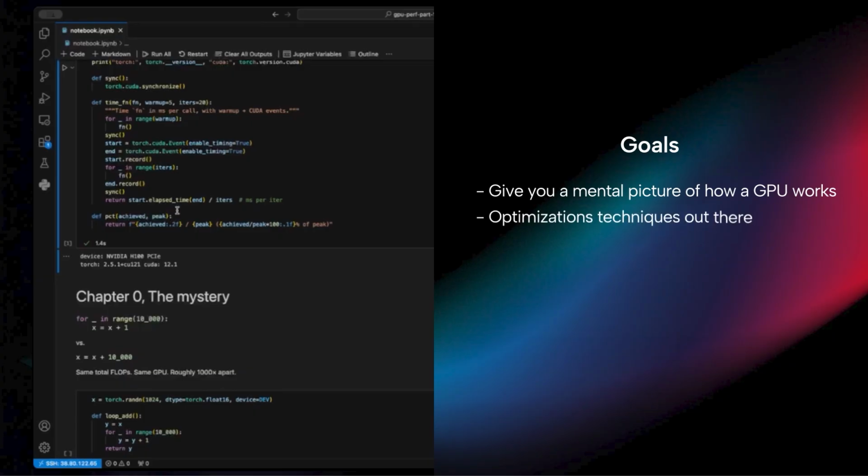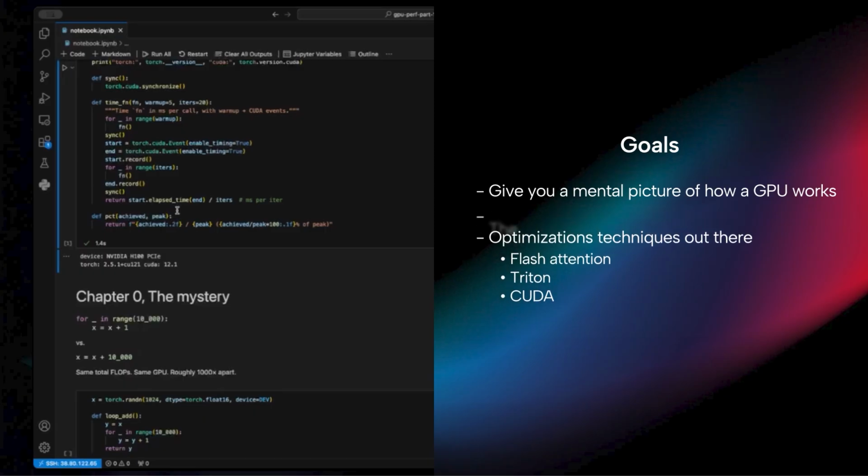There are a lot of optimization techniques out there which people talk about, like FlashAttention, Triton, and CUDA, but I believe that before jumping into those topics, it's very important to understand the fundamentals, because then you'll understand those concepts much better. So let's just jump into it.